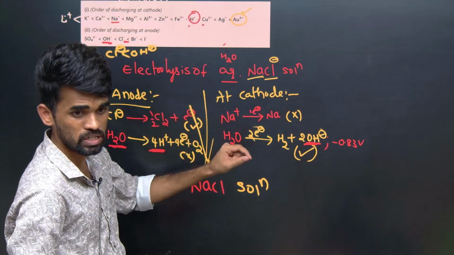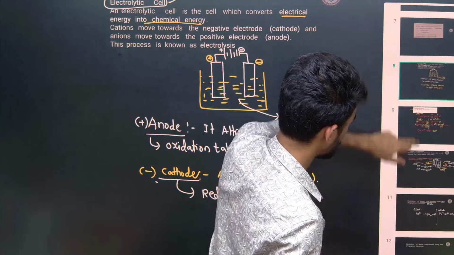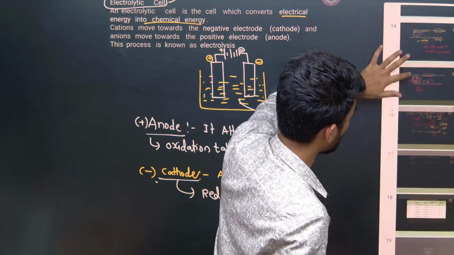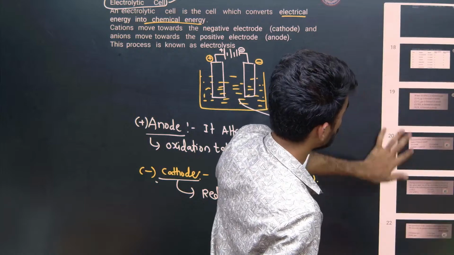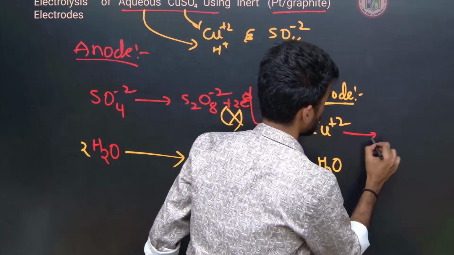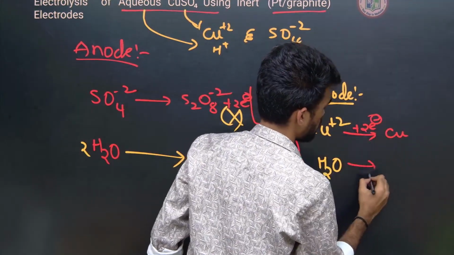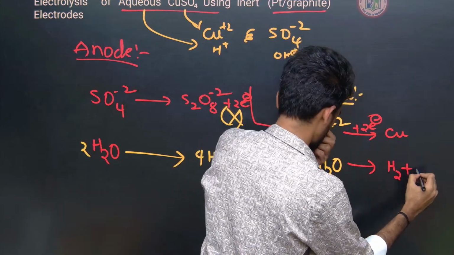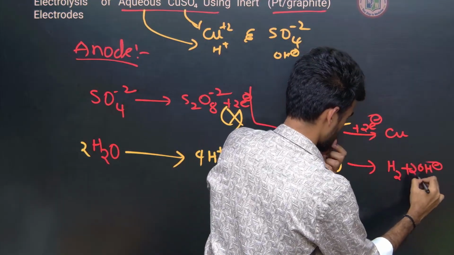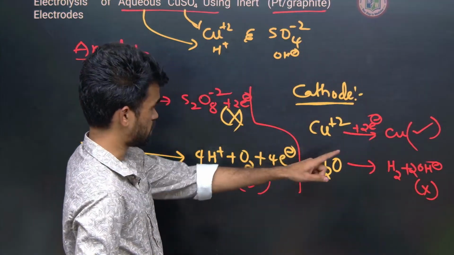So which will deposit first? Copper. So at the cathode, deposition of copper takes place. Here you should write Cu plus 2 gaining 2 electrons to form Cu. I am not writing the other one. So this happens but not that one. Hope this is clear.